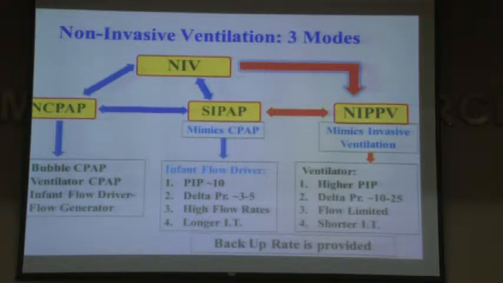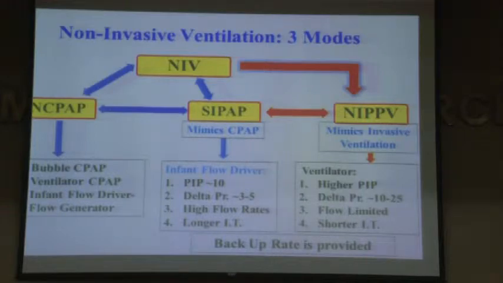The highest peak inspiratory pressure, or PIP, that you can get is around 10. I don't know what model you have in Peru. In the US, we cannot go more than 10 on that. The European ones, you can go to 15 max.